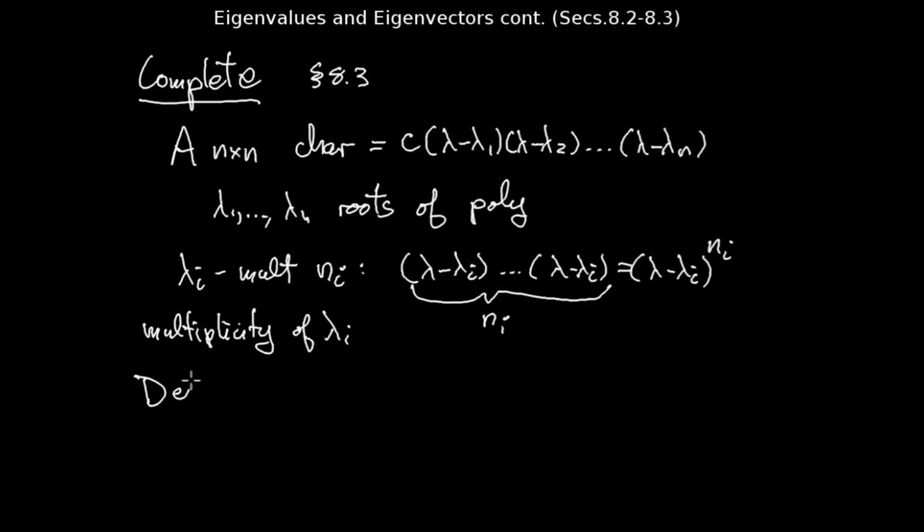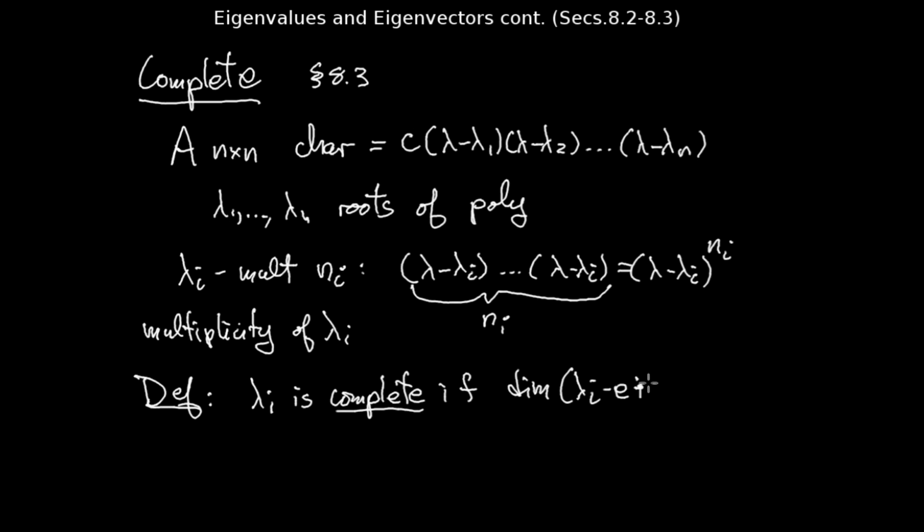And now the definition is that lambda i is complete if the dimension of the lambda i eigenspace is n sub i.